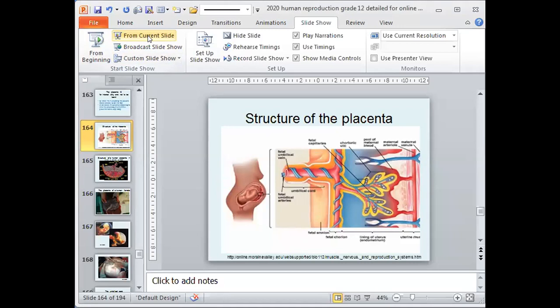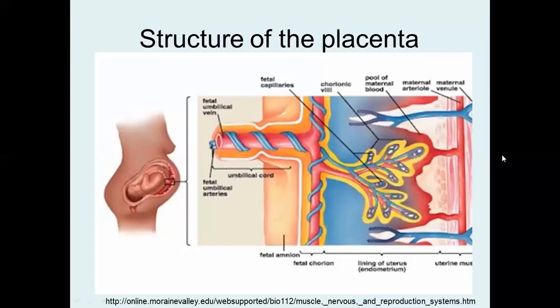So we finished off at the end of the previous lesson, which I think was lesson 5. We ended off talking about the placenta, and I said that I would start this lesson talking about the actual structure of the placenta. So this is quite an important one. Remember, firstly, it doesn't matter where the placenta is within the uterus.